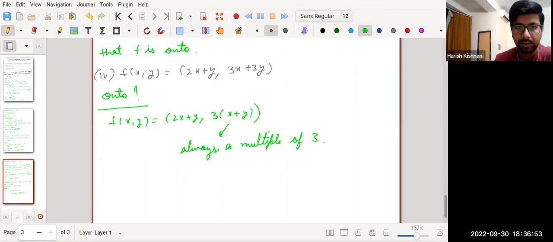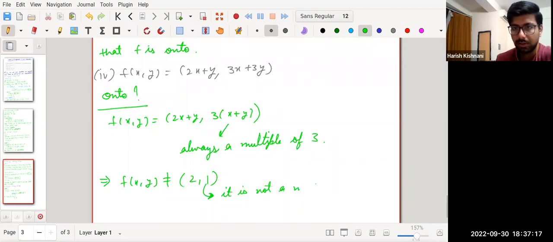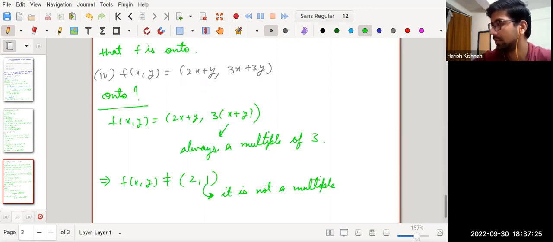So that implies that f of (x,y) cannot be (2, 1), because this is not a multiple of 3.